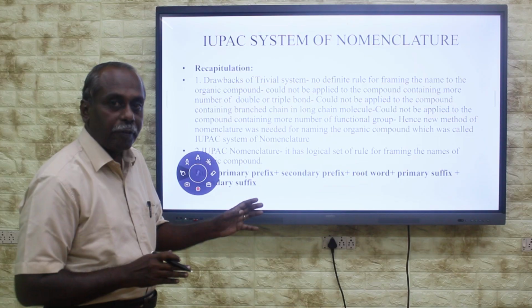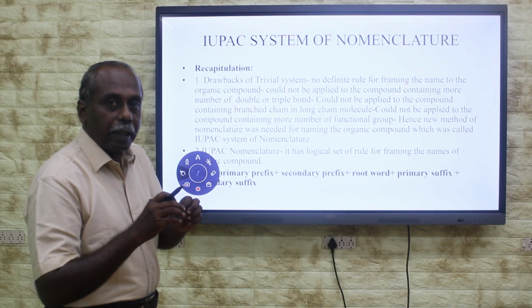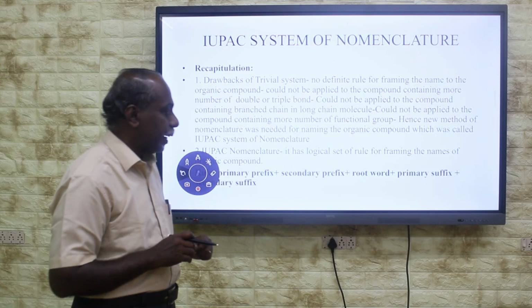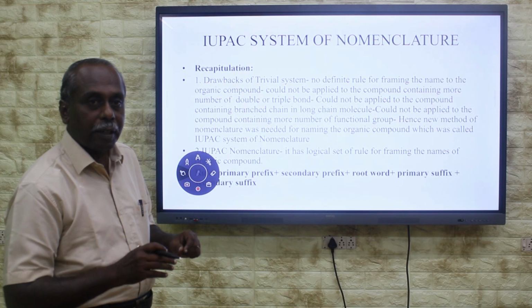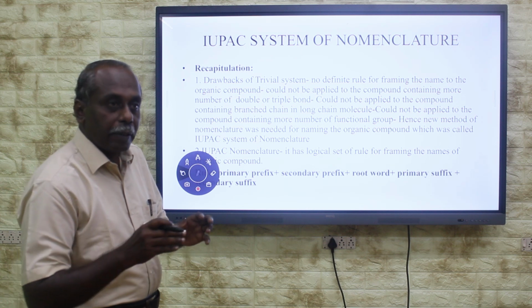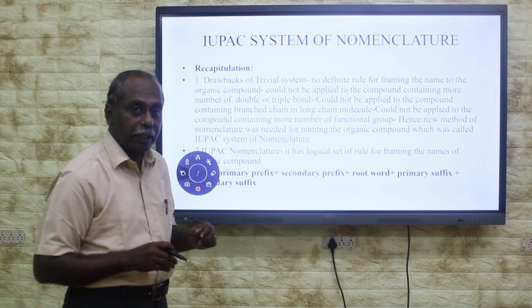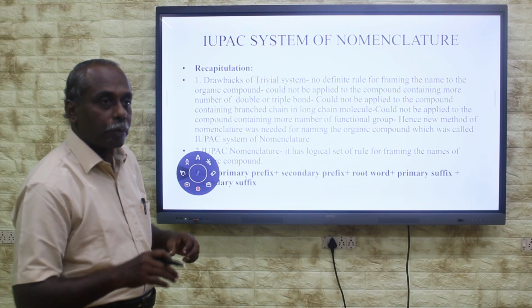In the secondary prefix, whether the compound is open chain, branched or cyclic should be mentioned. In the root word, the number of carbon atoms in the chain is expressed. In the primary suffix, whether the compound is saturated or unsaturated is mentioned. Then in the secondary suffix, the functional group should be mentioned.